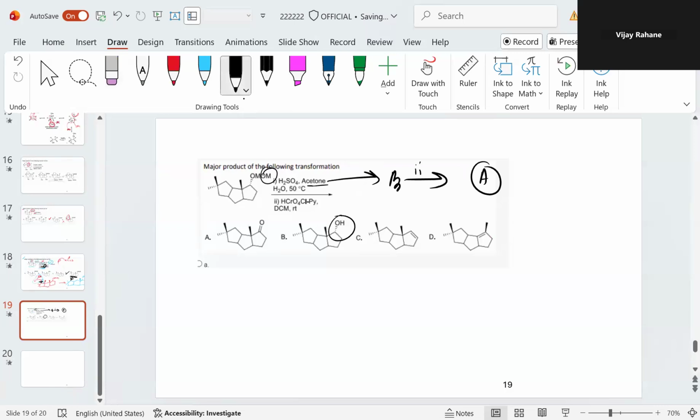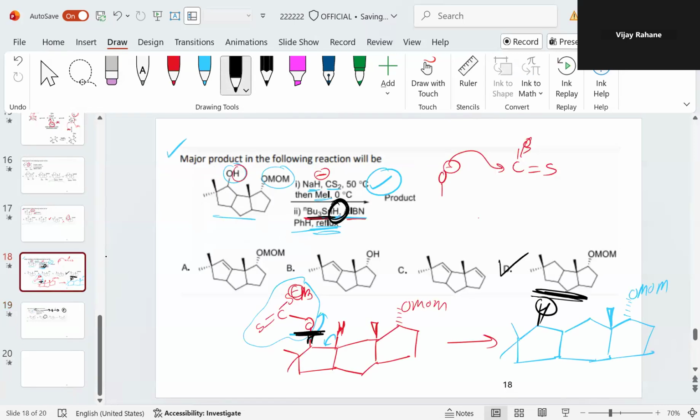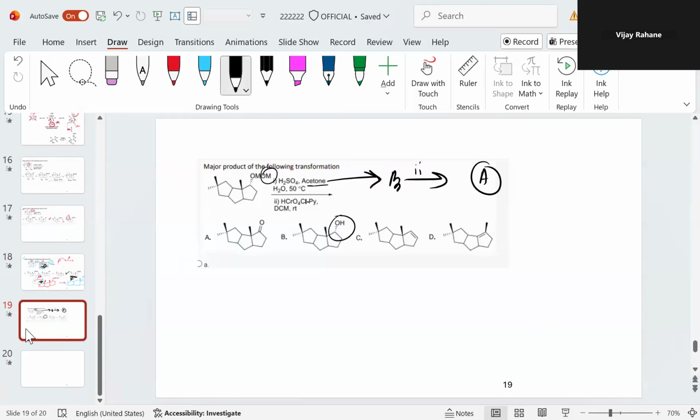Whatever problems we are not able to solve here, as in the last problem, you should refer back to the original article and look at the reason they have given for forming this product. You need to identify that. Okay, in this case, these two steps are quite straightforward.